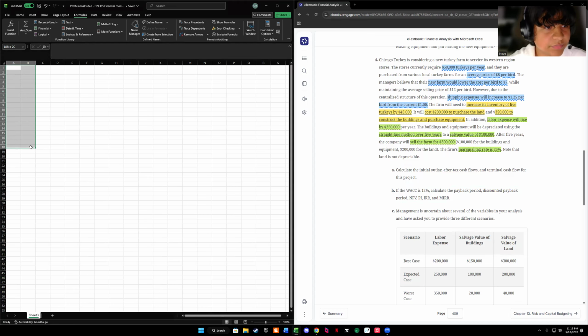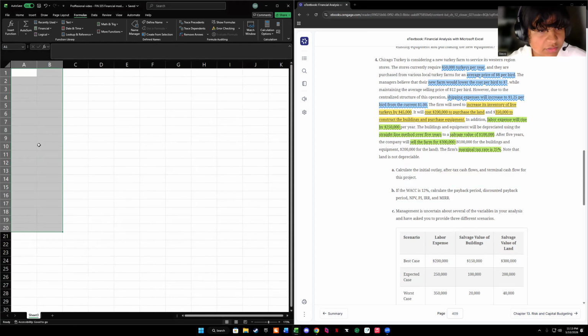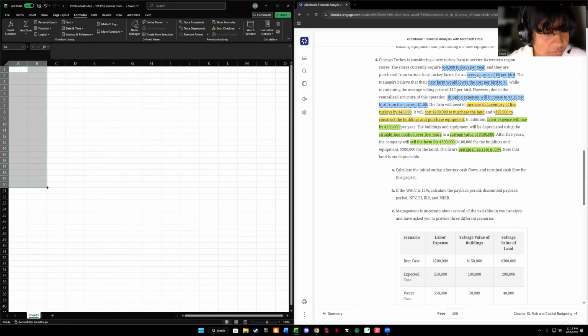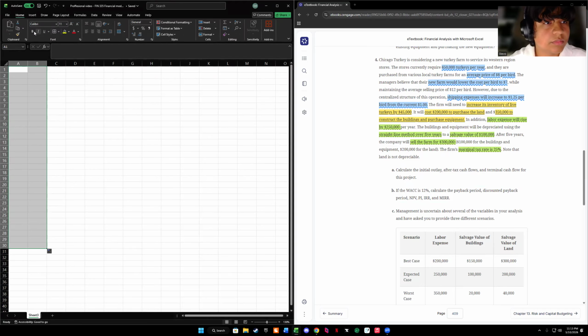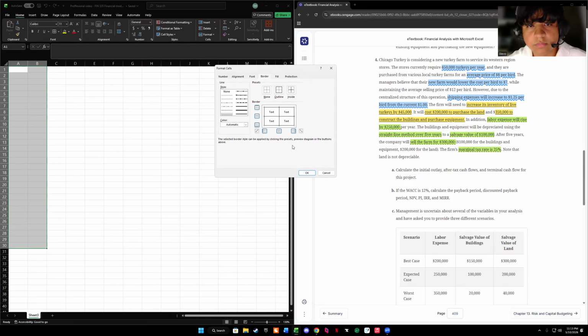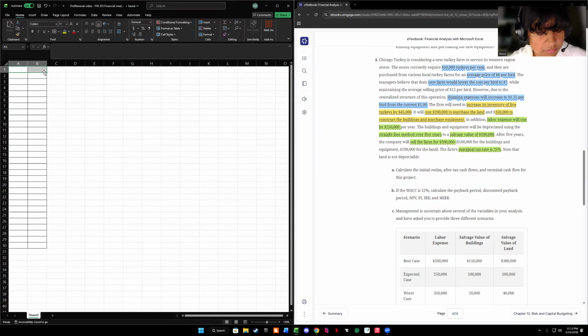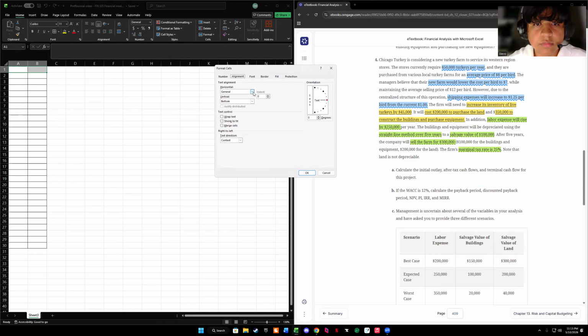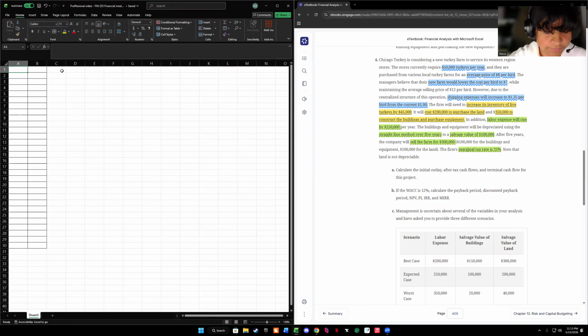So firstly, I'm just going to give myself enough room for this. I go around 30. Outline. Just really quickly do this.